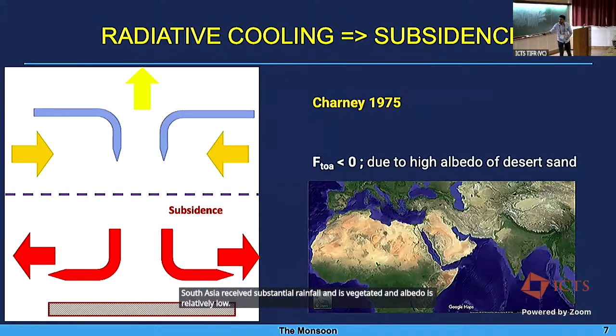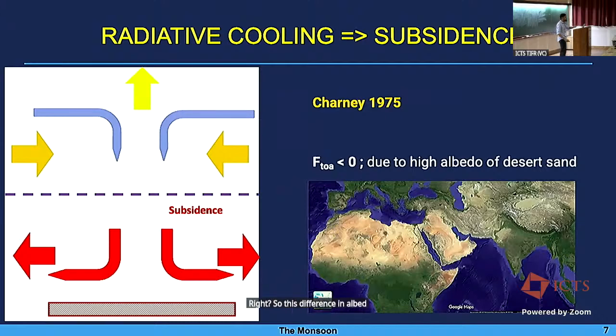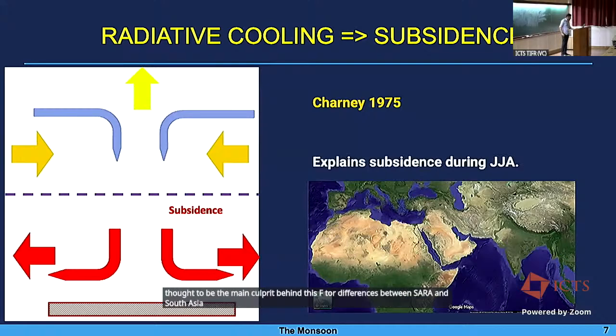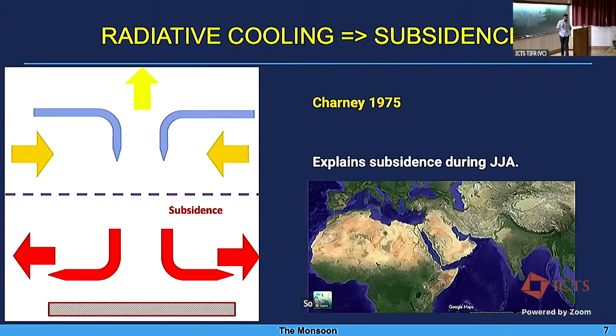So this difference in albedo had been thought to be the main culprit behind these F2R differences between Sahara and South Asia. So this was also considered to be one of the reasons why we have subsidence over Sahara during JJA.